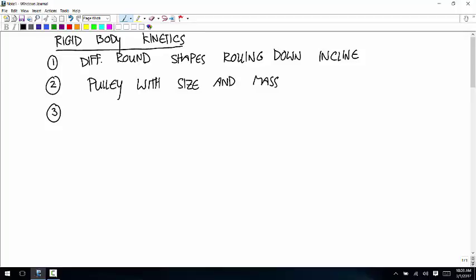What we know, from very basic analysis of sliding without friction, says that the mass of a block sliding down an incline isn't going to have any effect on how much it accelerates. Something that has a mass of a ton is going to be the same as something that has the mass of an ounce.